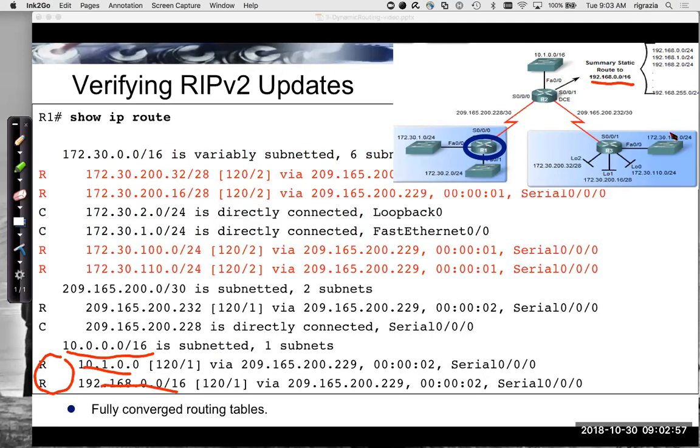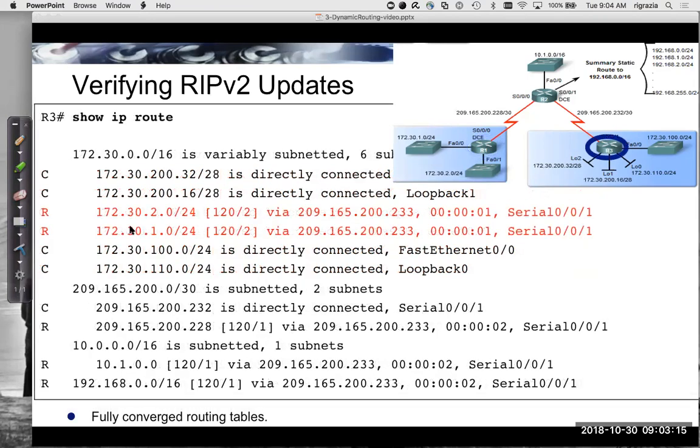What's important in this discussion is that it's seeing all these subnets via RIP, and here they are. Really good stuff. Okay, just to make sure that we're fully converged here, we see R3 sees all of R1's subnets, the specific networks and their subnet masks. So now we are fully converged.